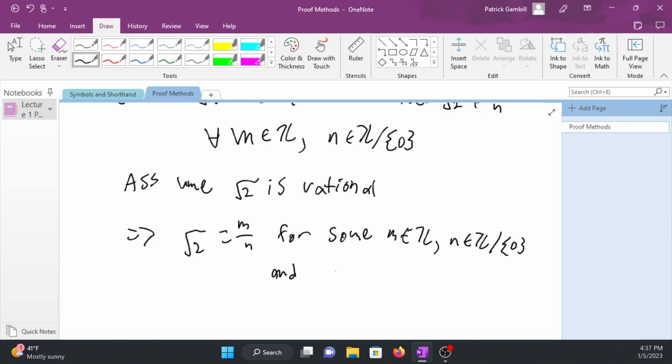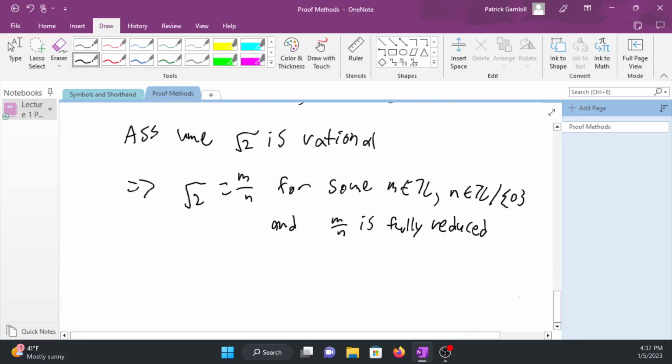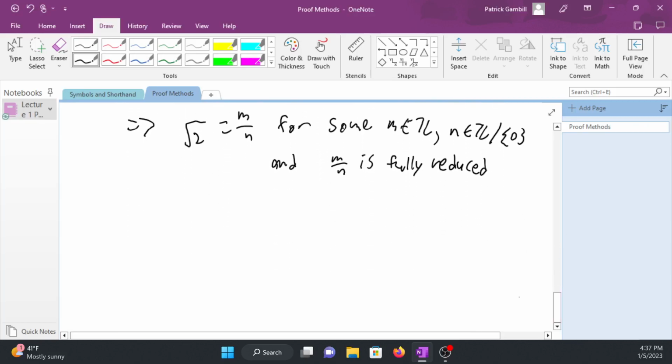And we're also going to assume that m divided by n is fully reduced. So these two numbers will be relatively prime. You can't cancel out anything from the fraction.